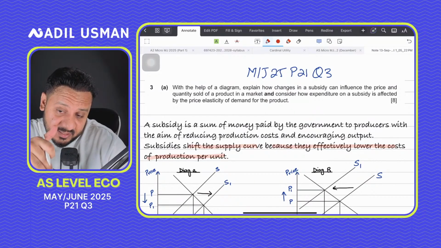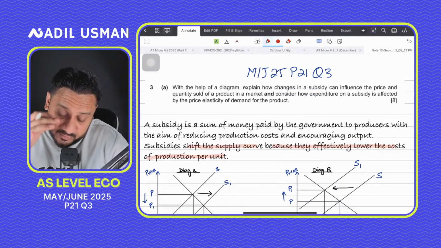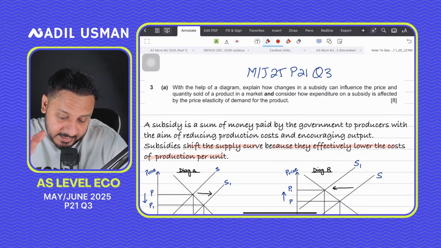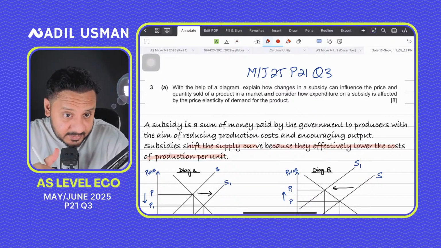But this time they have asked a very different question, and they have asked for the first time how the expenditure on a subsidy would be affected by the PED.